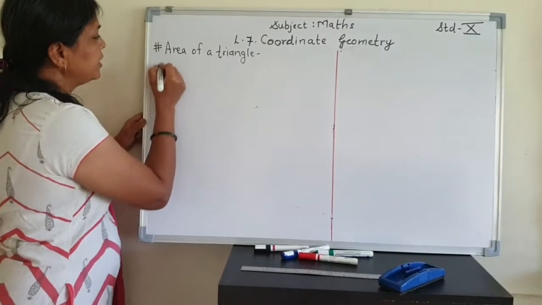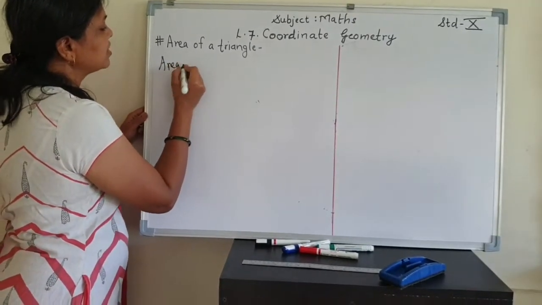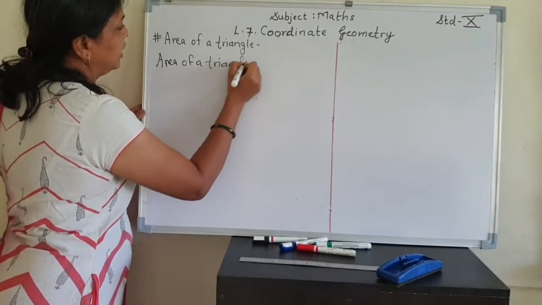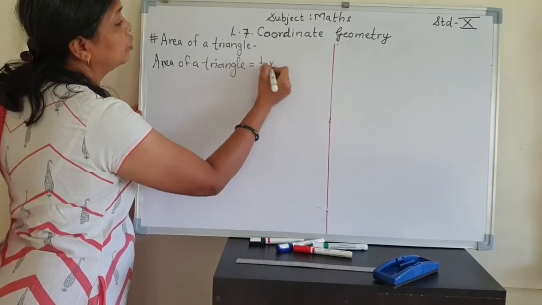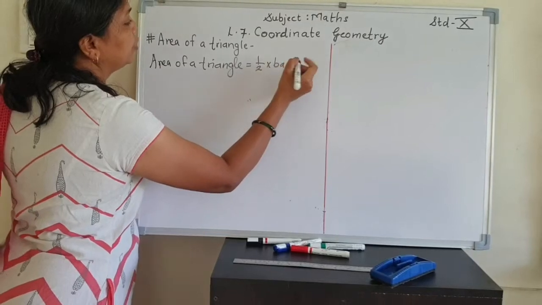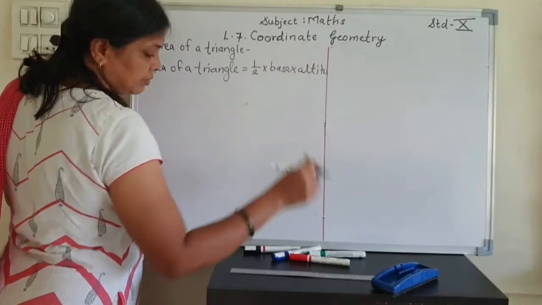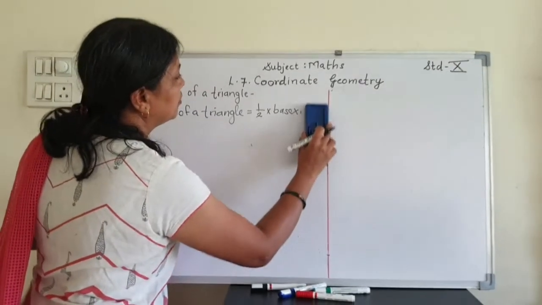But what is the area of a triangle? What you have studied is that the area of a triangle is half into base into height, or we say altitude, right?